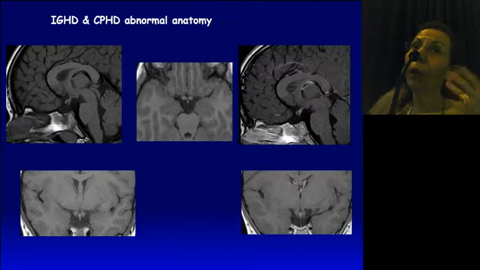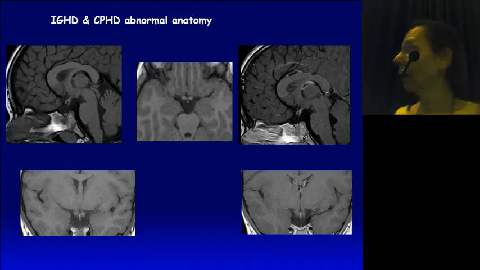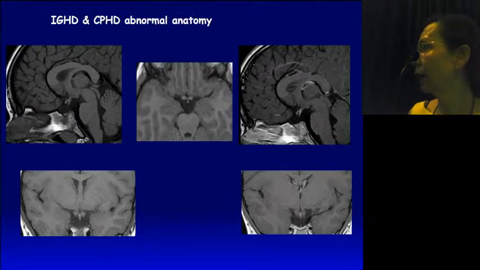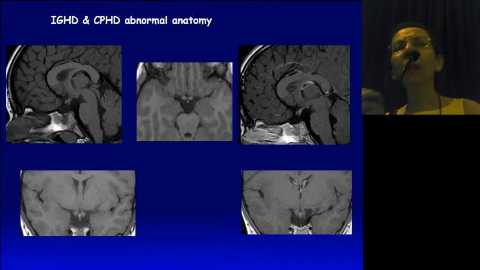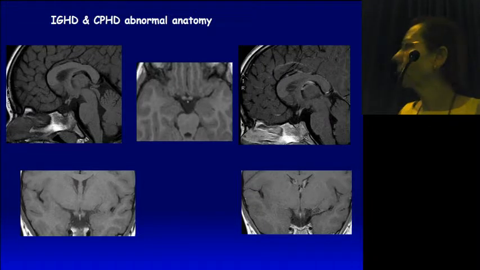Again, there is a combined anterior pituitary gland deficiency. Here, without contrast, after contrast, you see this hypoplastic pituitary stalk. It is very important to inject contrast in those cases because the prognosis of the children with even a hypoplastic pituitary stalk is better compared to the children without pituitary stalk at all.